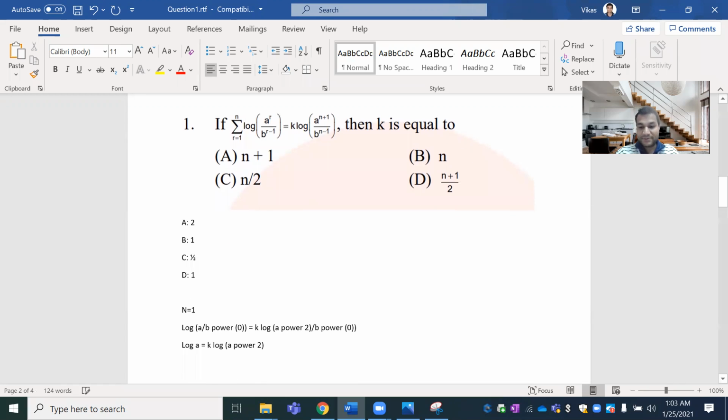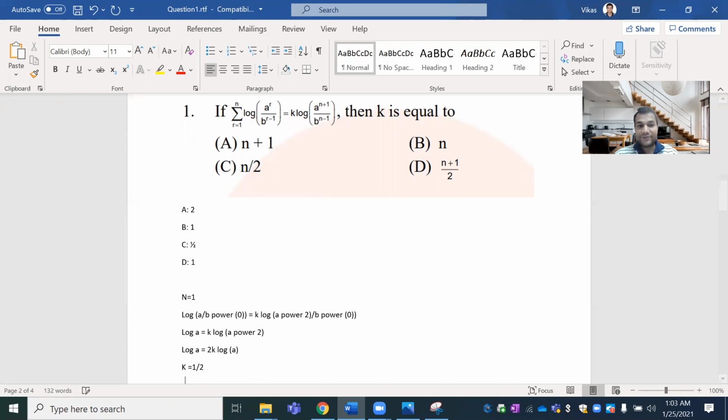When I say this, it means log a is equal to k log a power 2. We can write 2k log a, using the formula log a power n is equal to n log a. So I use that formula and kept 2 over here. Log a can be cancelled. So k becomes 1/2.